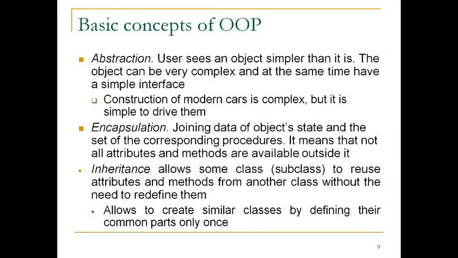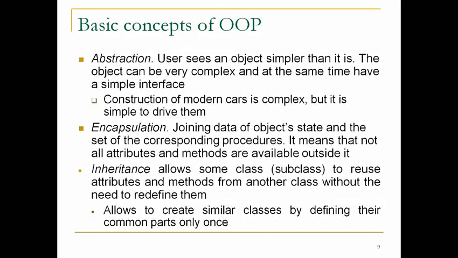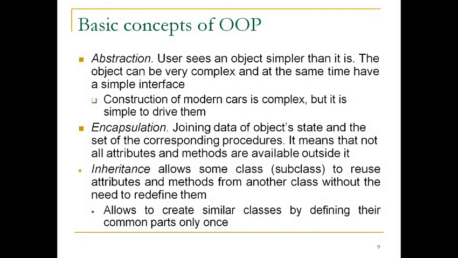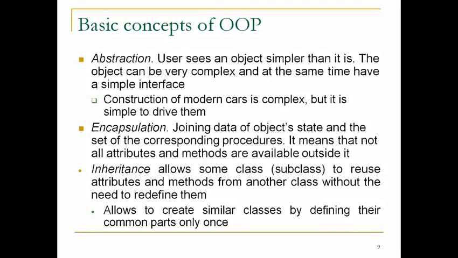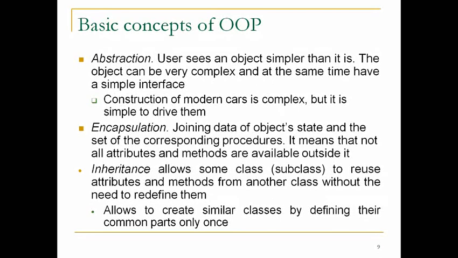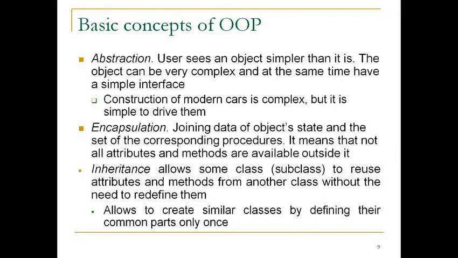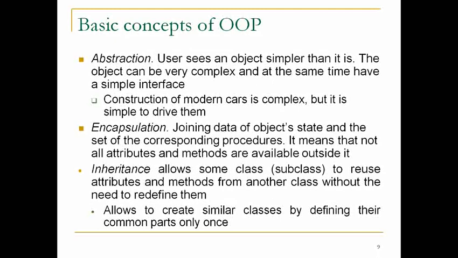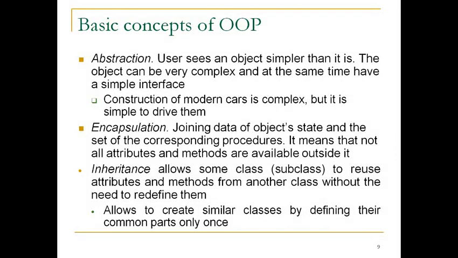And the last thing I already mentioned is inheritance, that allows some class, which will be named a subclass, to reuse attributes and methods from other classes without the need to redefine them. For example, if we have a class person, and we have in this class attributes name, surname, personal ID, and so on, and we want to create a class student that will have the same attributes, and added some more: student group, average grade, and so on.